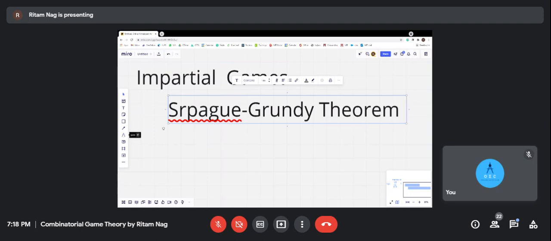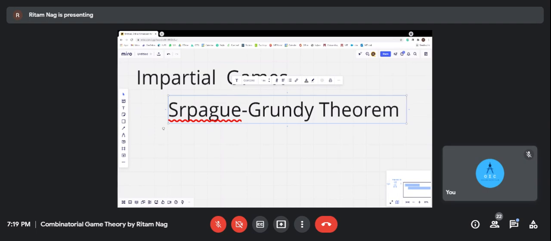Equivalent means that you can match moves in an impartial game with the moves in a particular NIM game. More generally, two games are said to be equivalent if you can match moves in one game with moves in the other game. So some move in the NIM game corresponds to some other move in this impartial game that we have, and so on, so that the position always remains equivalent after the moves.